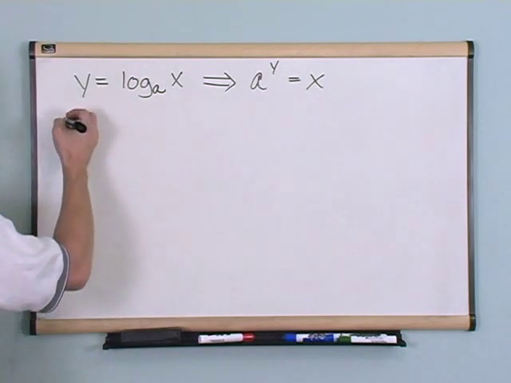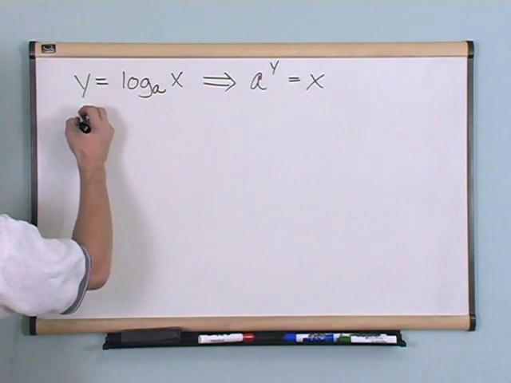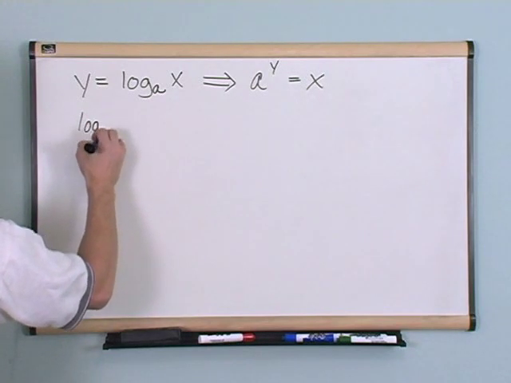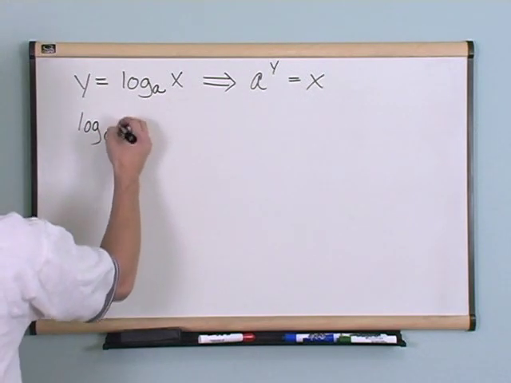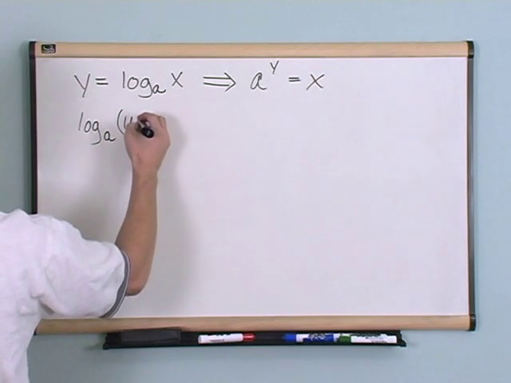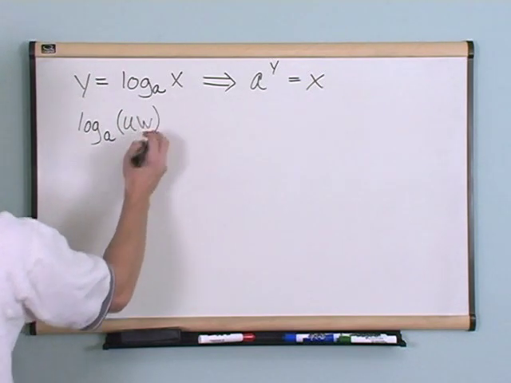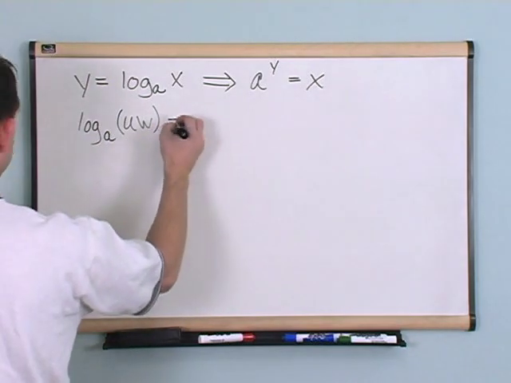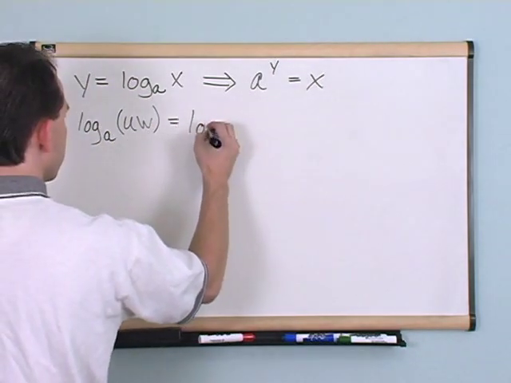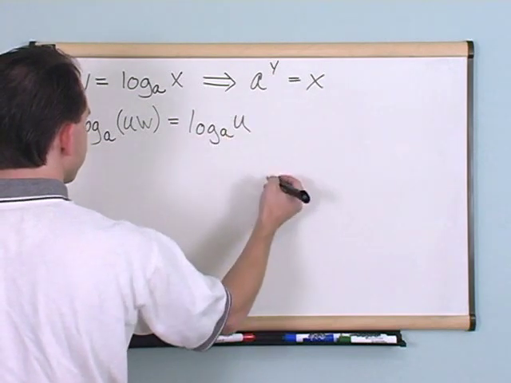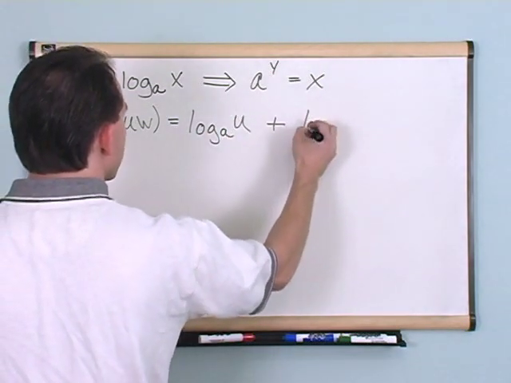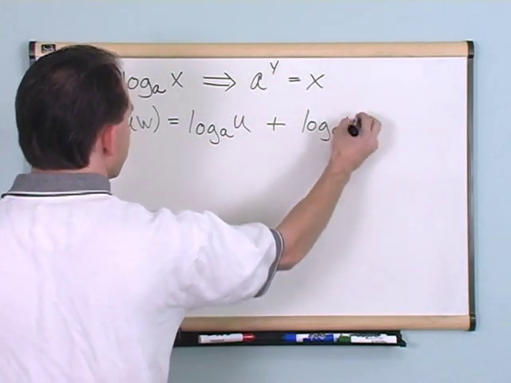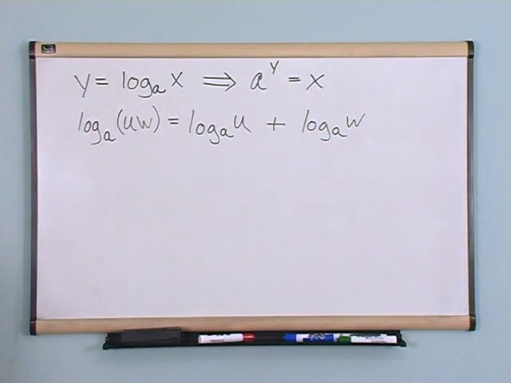This is a very important property that we're going to talk about here. Log base a of u times w, which is just two numbers multiplied together, or two variables multiplied together, equals log base a of u plus log base a of w.